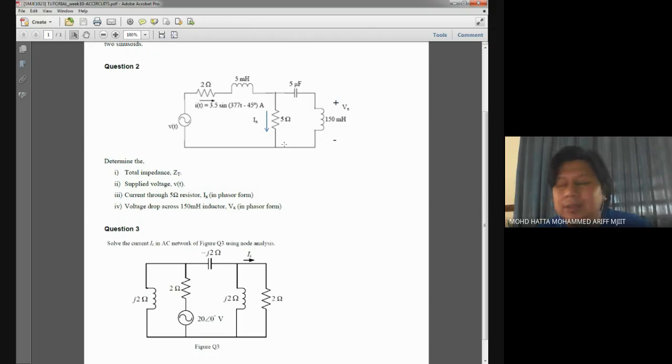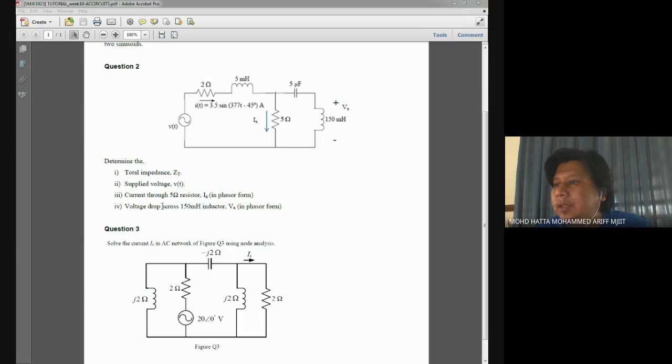In question number 2, the first one, we try to calculate the total impedance, and from this value, we try to come up with the supply voltage equation. If you look at the second section, v(t) means that you need to come out with the answer in terms of the sinusoid equation.